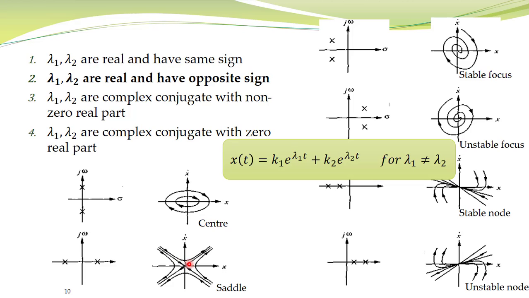Okay, practically why will this be unstable? Because in real systems there are always disturbances and uncertainties. Those will cause the trajectories to slightly move away from this line, and if it moves away from this line, then the trajectories will become unbounded.